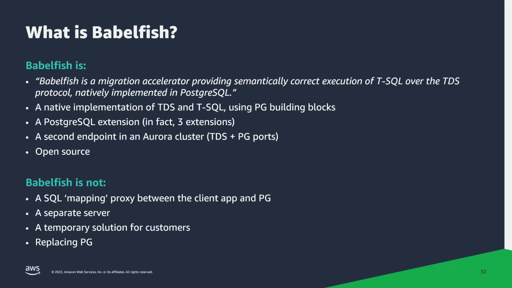Additionally, the Babelfish endpoint is an additional endpoint for an Aurora Postgres instance. It is not a separate server in itself. It is also not a proxy or additional layer. It uses the extension model of Postgres. The intention of Babelfish is not to replace Postgres. Consider this as a mechanism to accelerate your migration from SQL Server to Amazon Aurora Postgres.